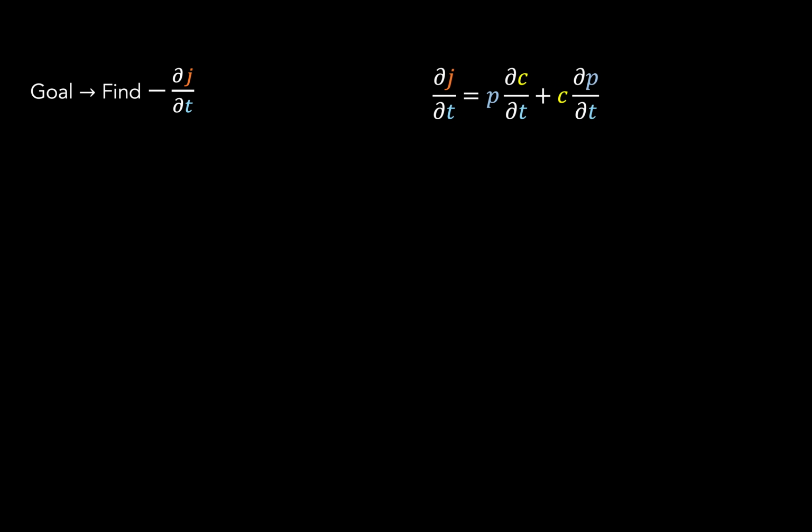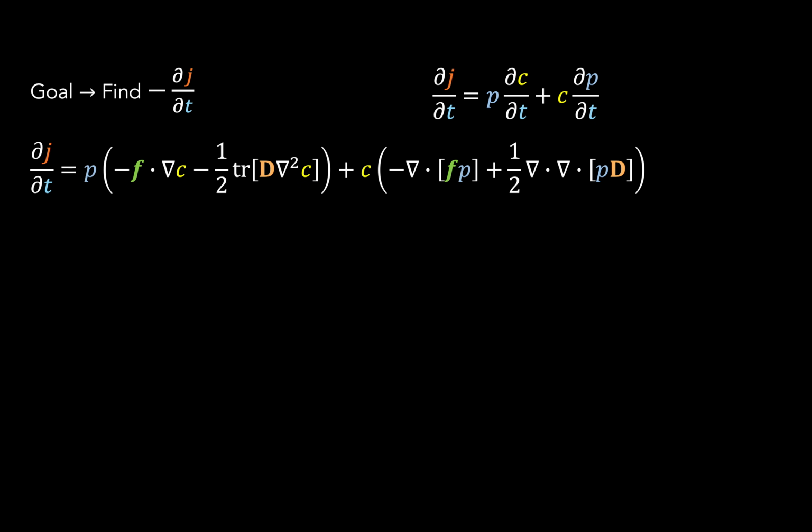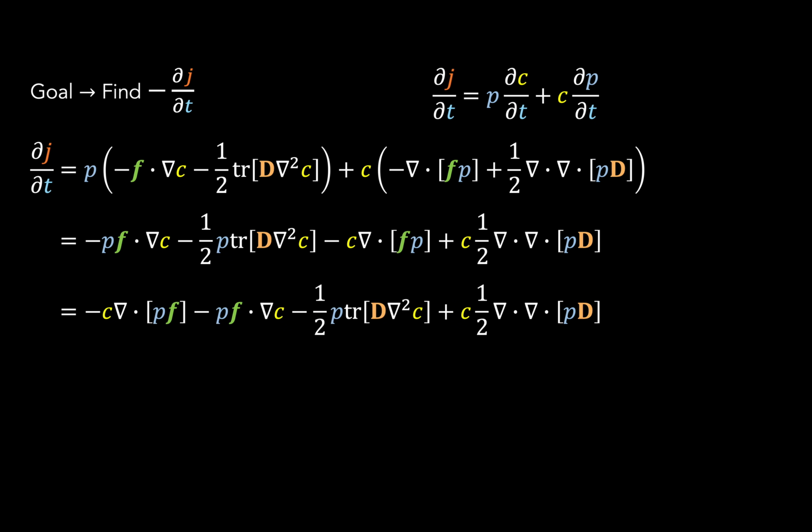So we start with our chain rule expression, and now we can re-express the derivatives using our forward and backward equations. Now we can work the algebra and eventually separate out the terms according to whether they have the drift or diffusion coefficients. Now let's just focus on our drift terms for a while.